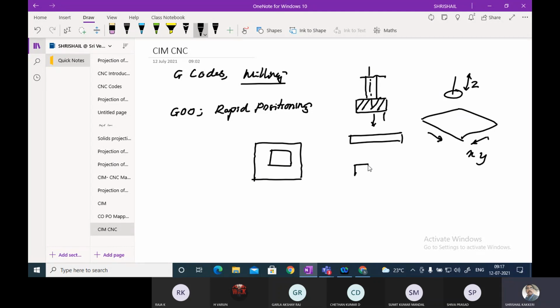I showed something in one class. You are going to show the dimension like this, and I am just giving the hint, and you are going to do the dimensioning like this. X, Y, Z, and here it is X, Y, Z. What difference is there between them?